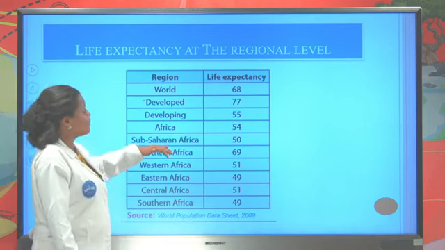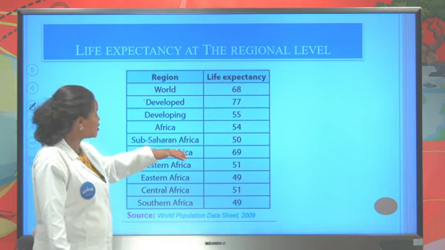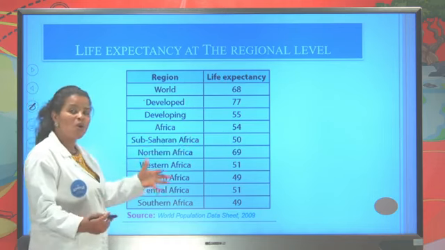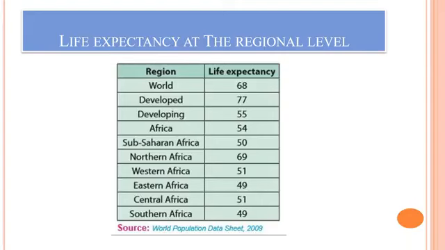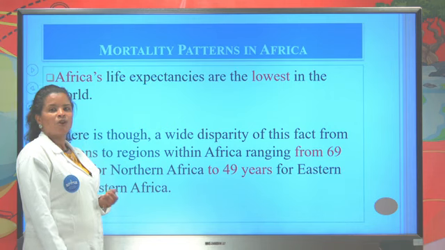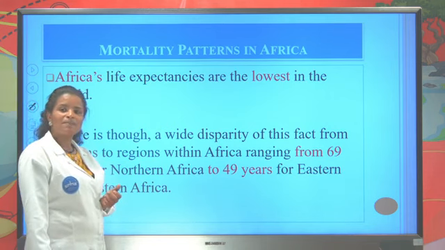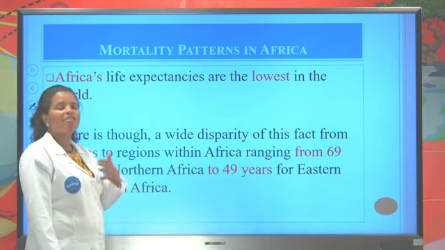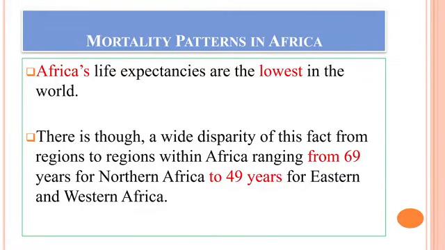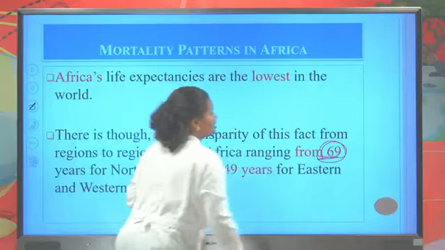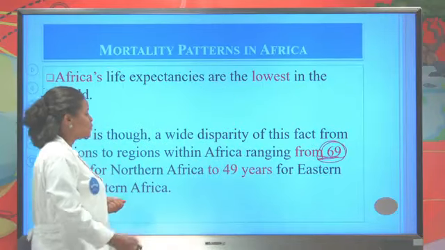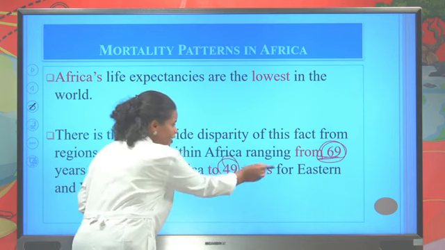From this, we conclude that almost all regions of Africa have short life expectancy because they are underdeveloped. So Africa's life expectancy is low in the world. For example, long life expectancy is found in North Africa, 69 years.